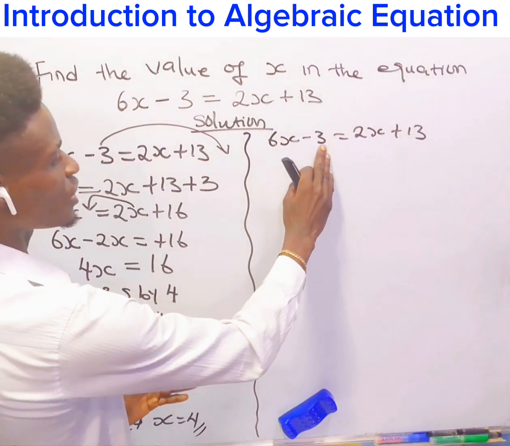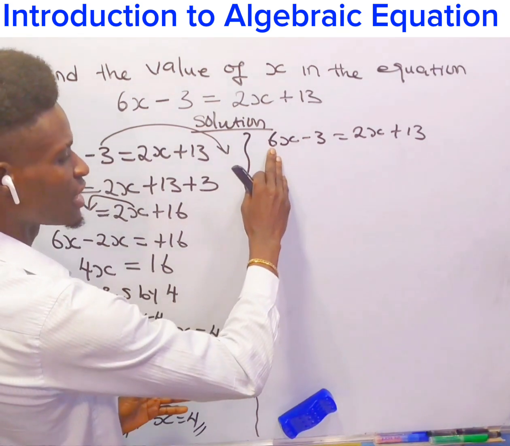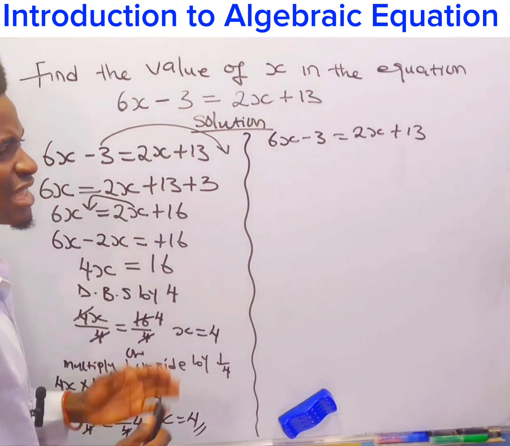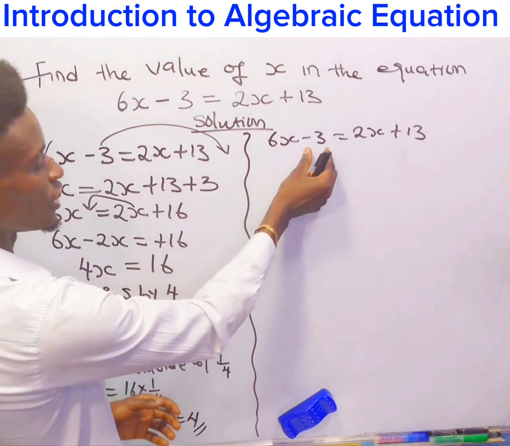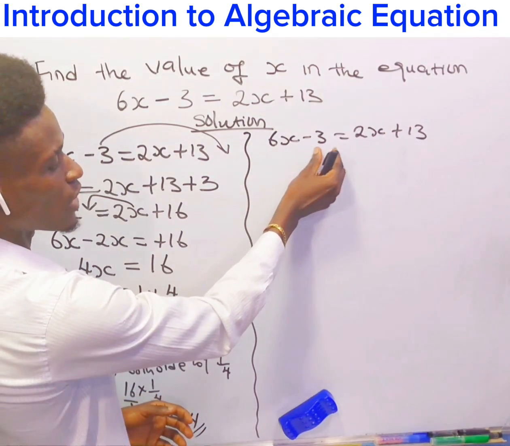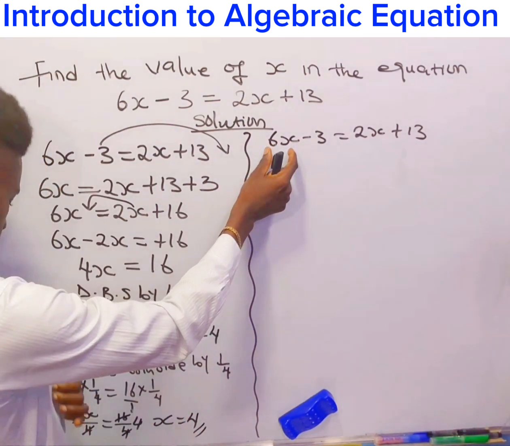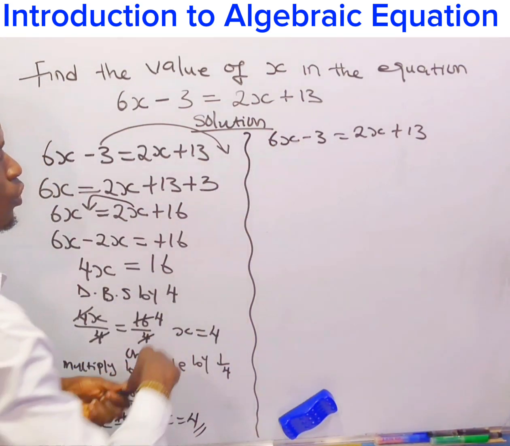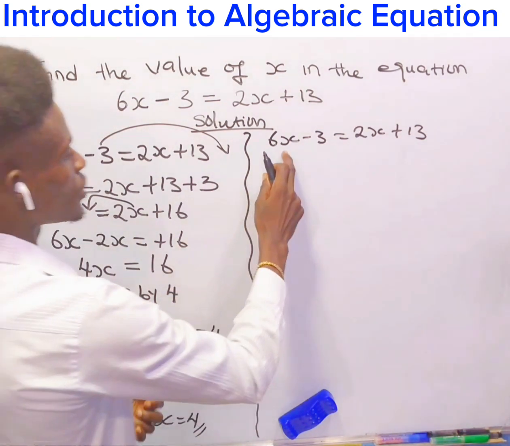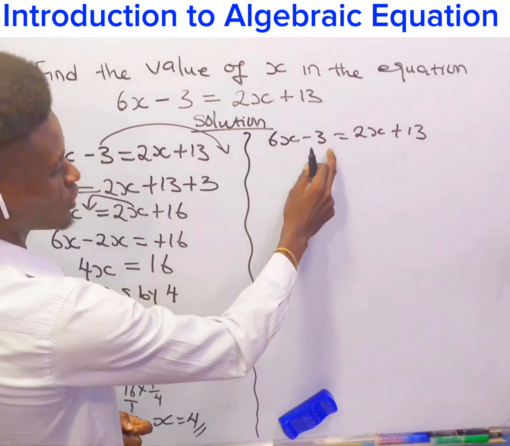If you want to eliminate 3, we use the additive inverse. If you want to eliminate 6, we use the additive inverse. Because additive inverse is simply what do you add to 3 so that 3 will become 0? Or what do we add to 6 so that 6 will become 0?